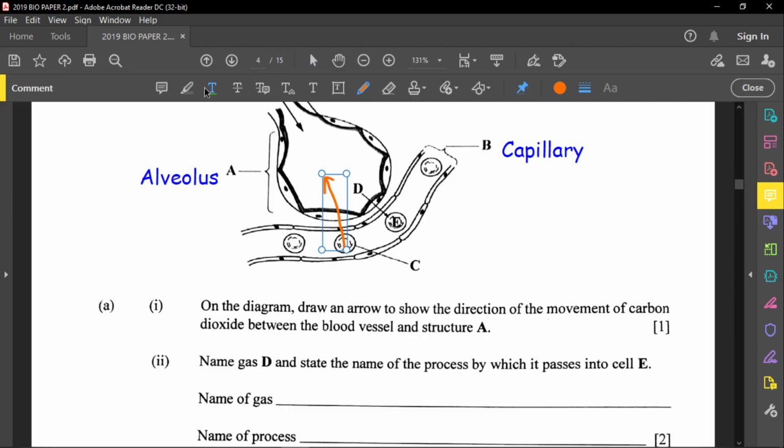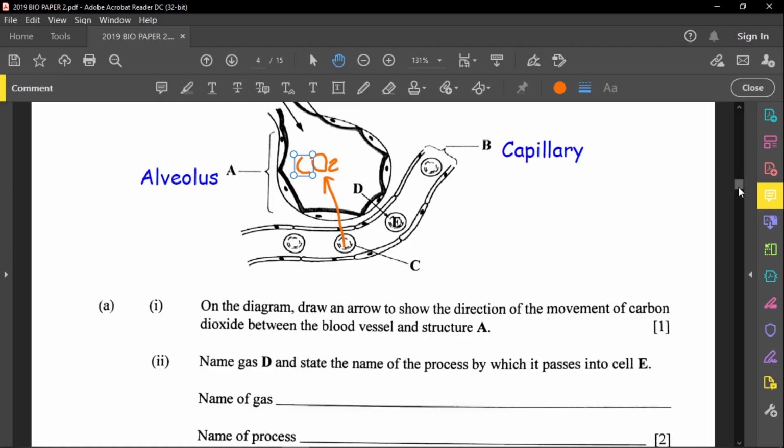Okay, so very important to note that. As a matter of fact, let's label this as CO2, carbon dioxide. So it's good to also label. So this is carbon dioxide, which is CO2. Okay, so that is carbon dioxide leaving the blood capillaries and going into the alveolus.